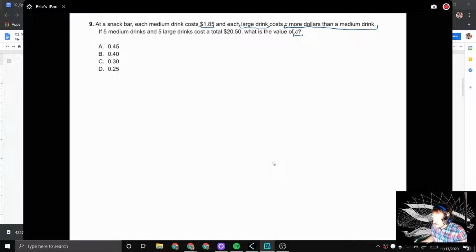Those are the two quantities that are at play. So M equals cost of medium, and I know what that is, 1.85. L equals cost of large.